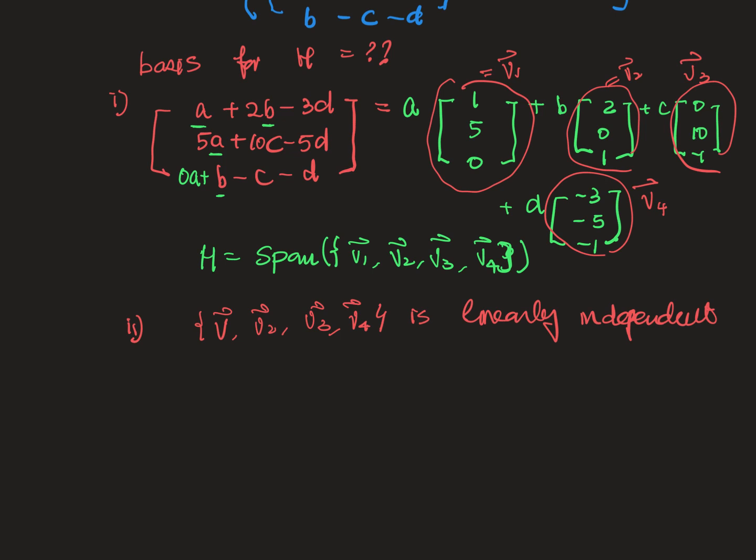So first we make the matrix, guys. Here is the matrix. Then we're going to row reduce it to row echelon form. Okay, let's do this one. 1, 5, 0, 2, 0, 1, 0, 10, -1. I need more space, guys. The last vector is -3, -5, -1.